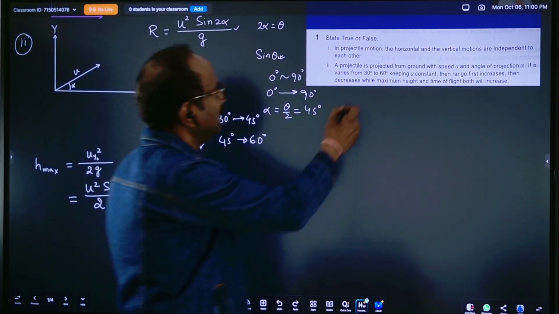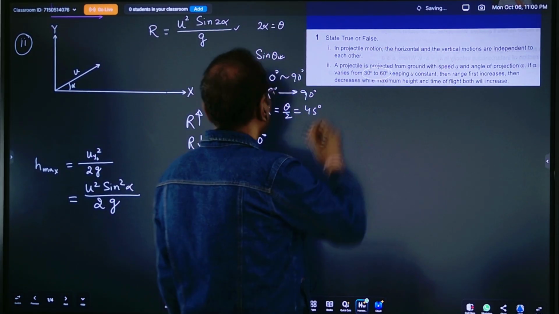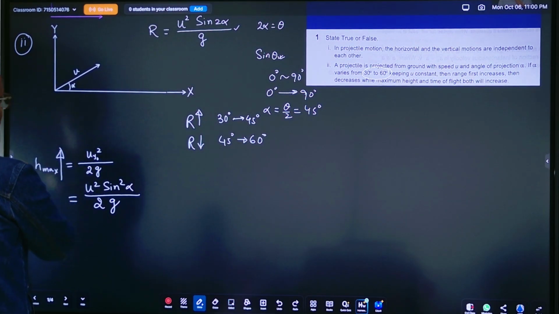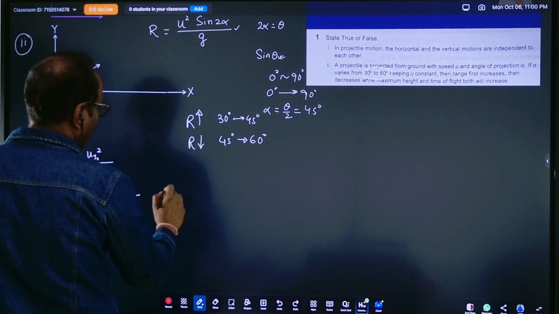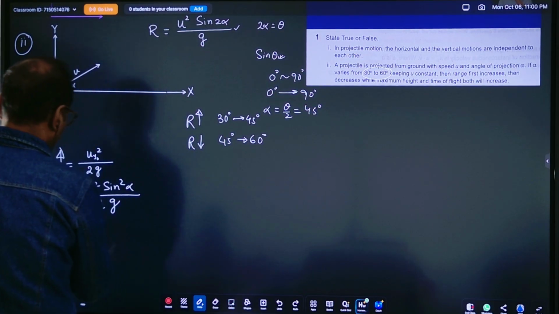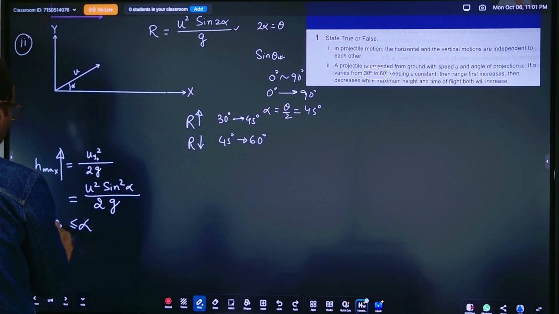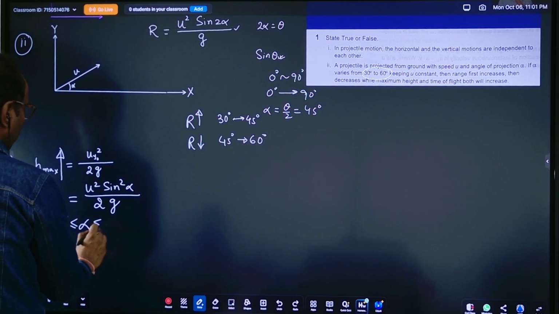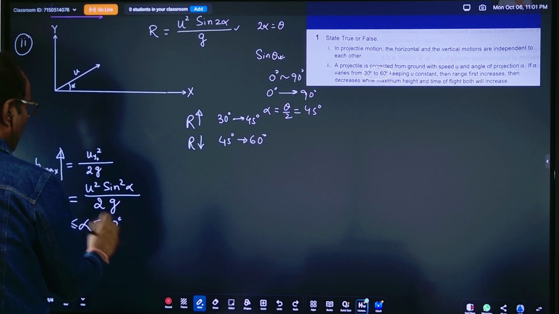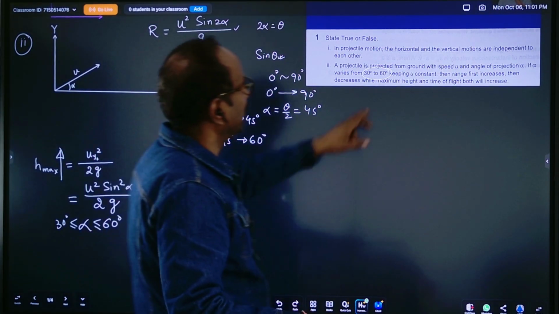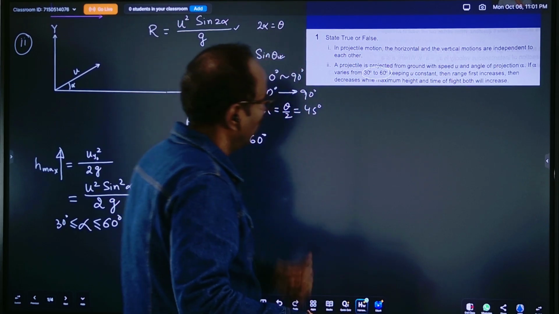So for 30 degree to 60 degree, your H max will increase. So the statement for maximum height is also okay.